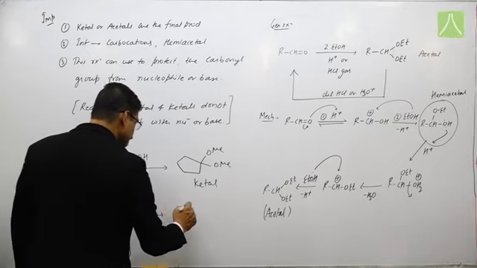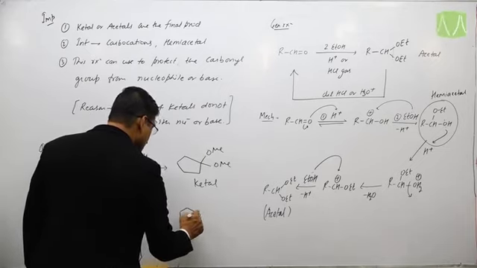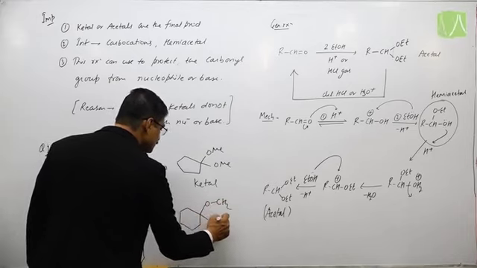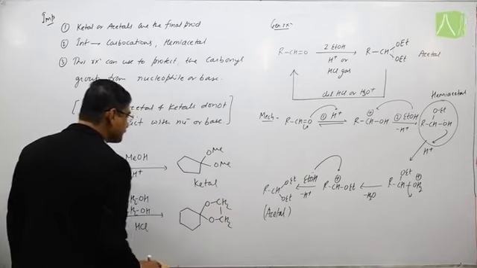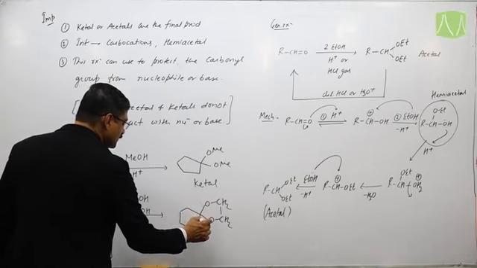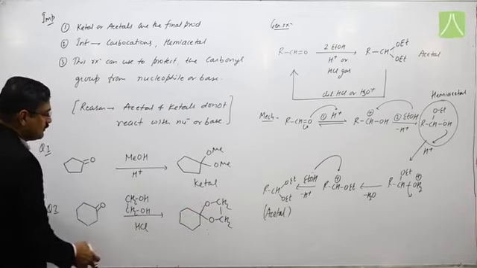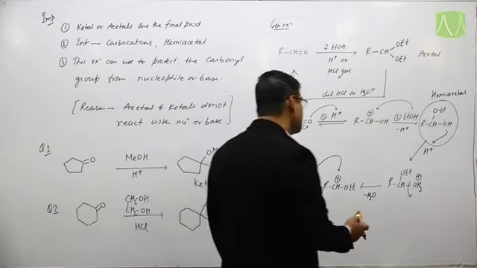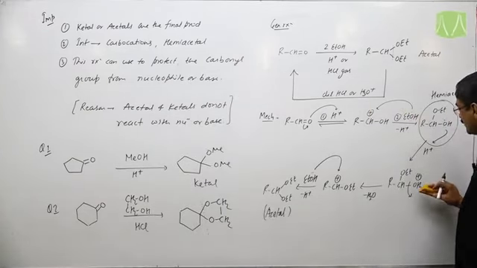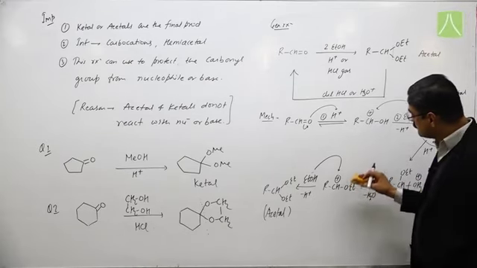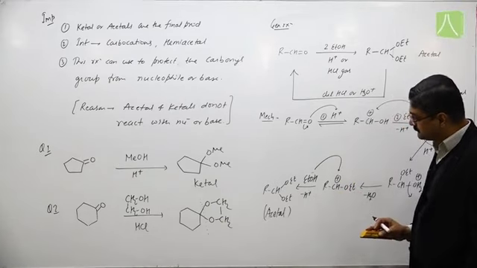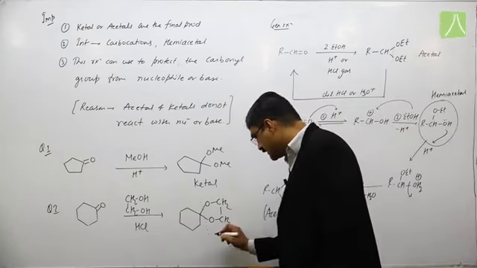Then one molecule of glycol is sufficient for the complete reaction, because the two OH groups react simultaneously one by one. In the first case, hemiacetal is formed. After removal of water, the same OH then reacts again with the carbocation. So this is the product. This is a cyclic ketal.